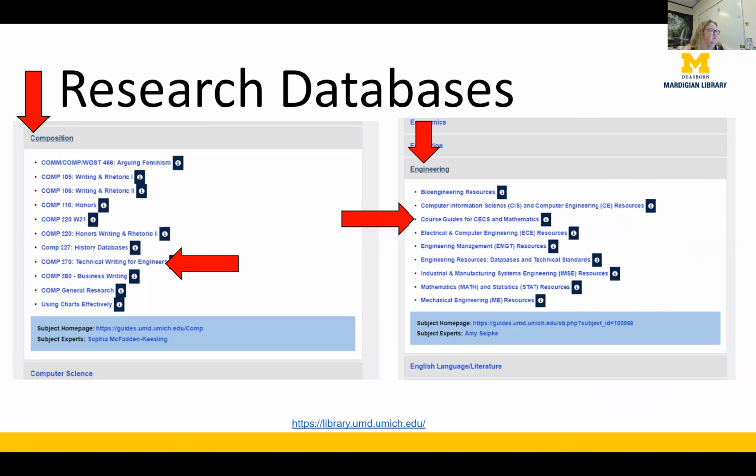You can either go to composition and pick it out of that list, Comp 270, or you can go into the engineering section and pick the course guides for CE, CS, and mathematics. There will be other courses during your time here that you will need to look for, and they will likely be there. I'm going to go that way just to show you how to do that today, but the other way would work just as well.